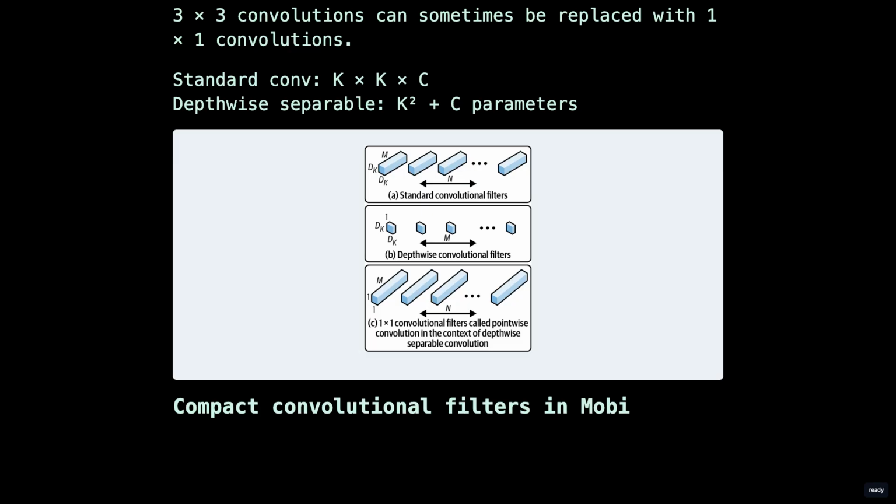That diagram ties the algebra to the architecture. The standard convolution is replaced by a depthwise step and a pointwise step, and together they form a depthwise separable filter.